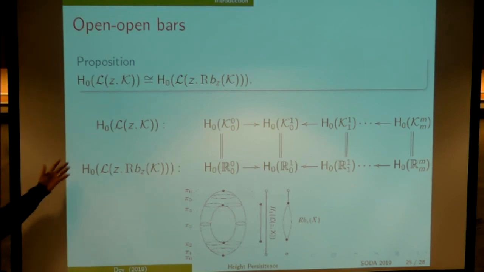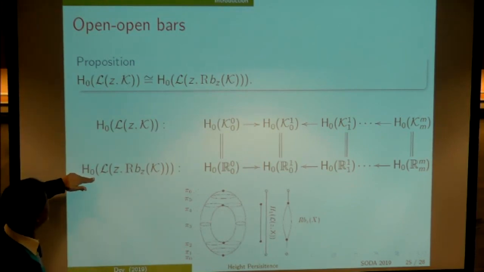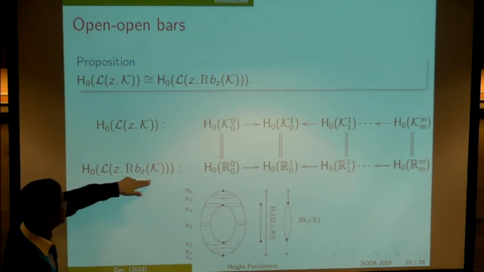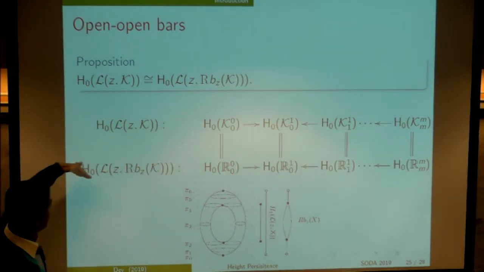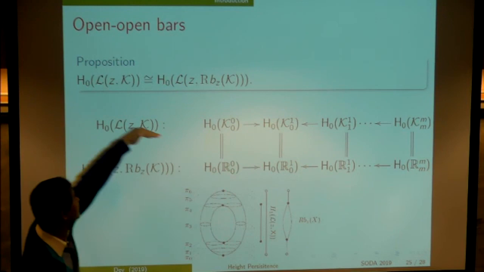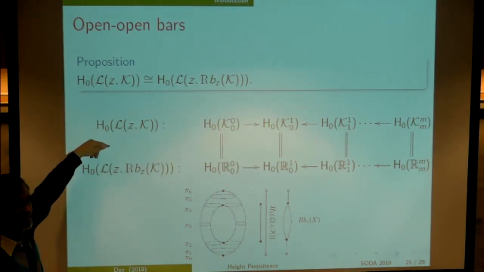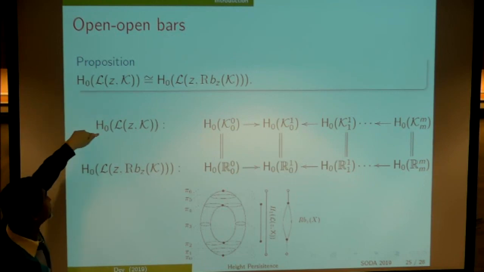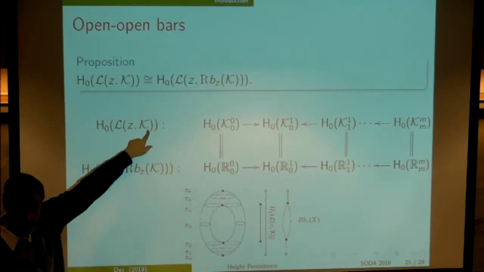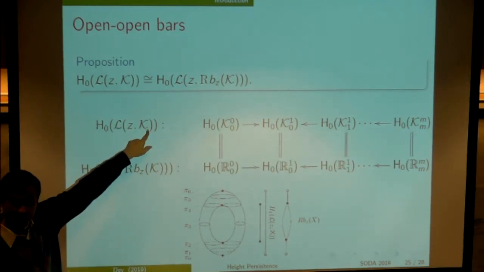Now one needs to prove that the H0 of the level set of the Reeb graph of K is exactly equivalent to the H0. Remember, I have to compute the 0th level set zigzag persistence for K for open bars.